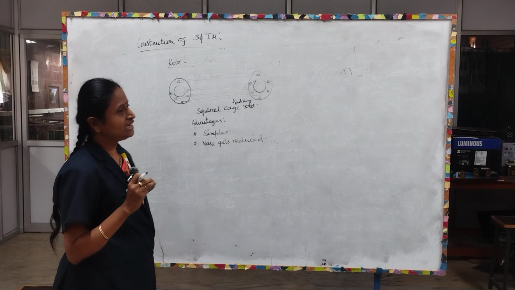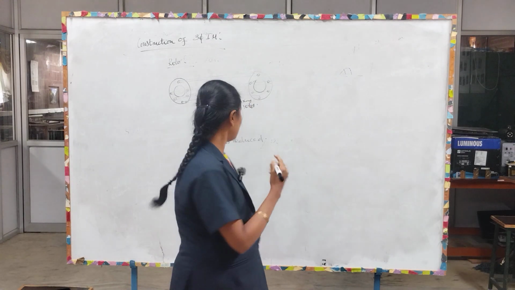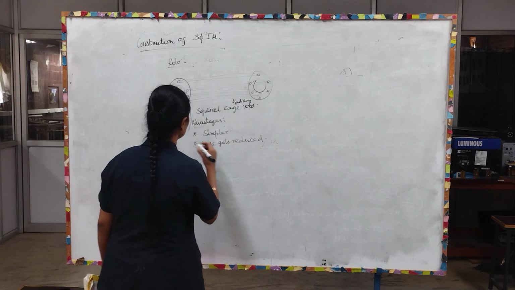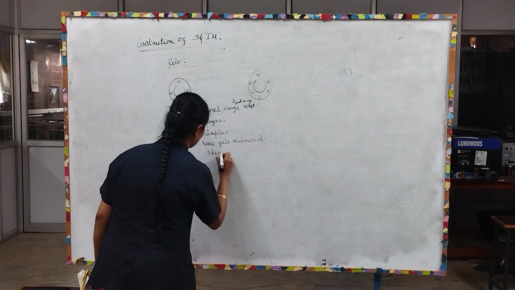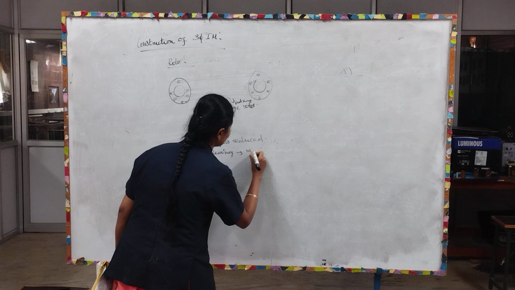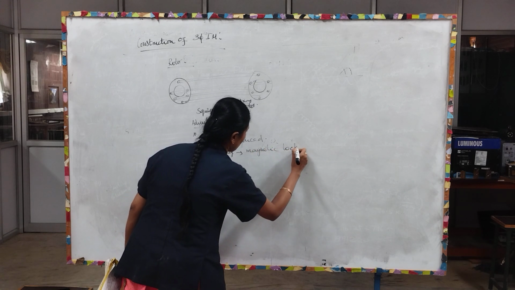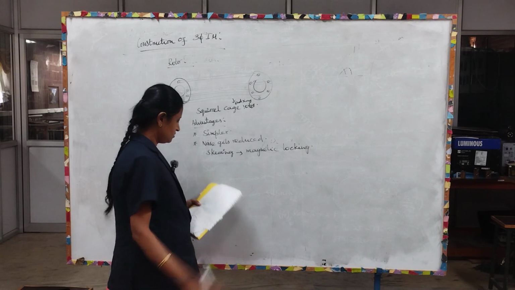Usually the stator and rotor slots are not placed equally, and we have slight skewing. Skewing is mainly preferred to overcome magnetic locking.